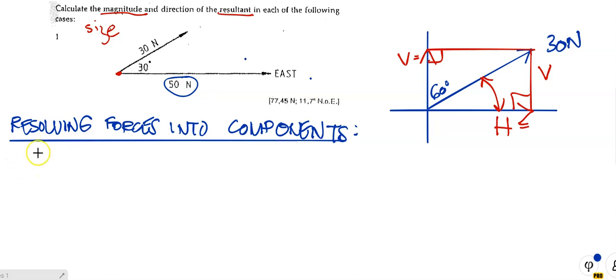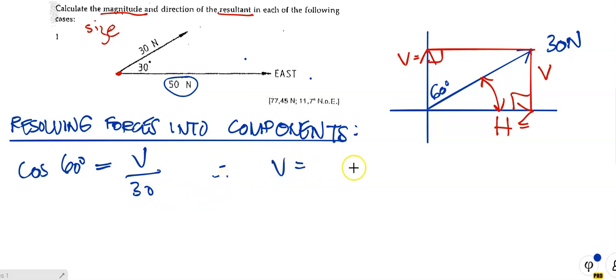Right, so the cos of 60 degrees is equal to the adjacent V over the resultant of 30. So therefore V is equal to 30 times cos 60, and I'm going to work it out, you should do the same.